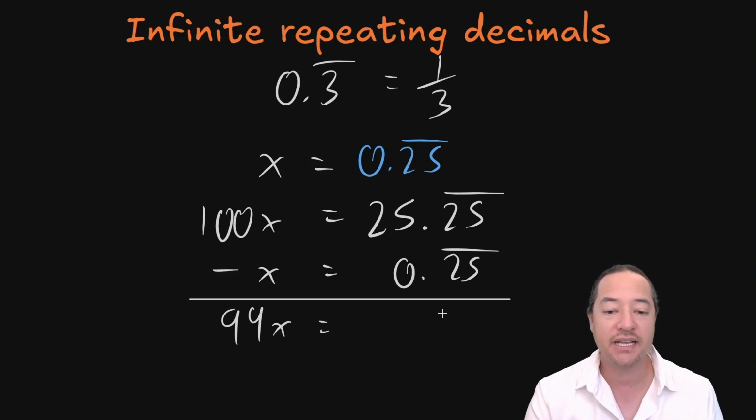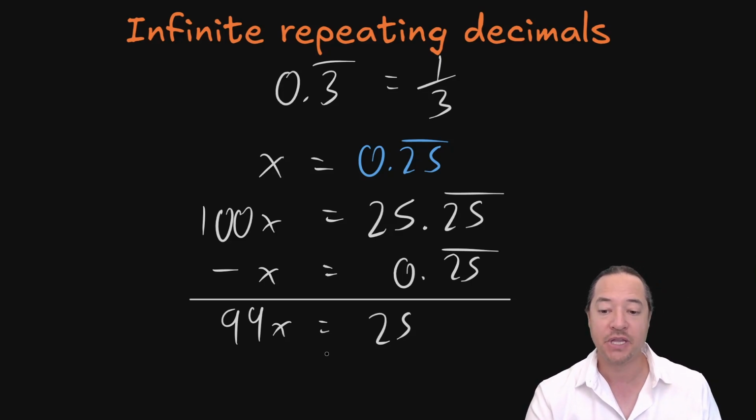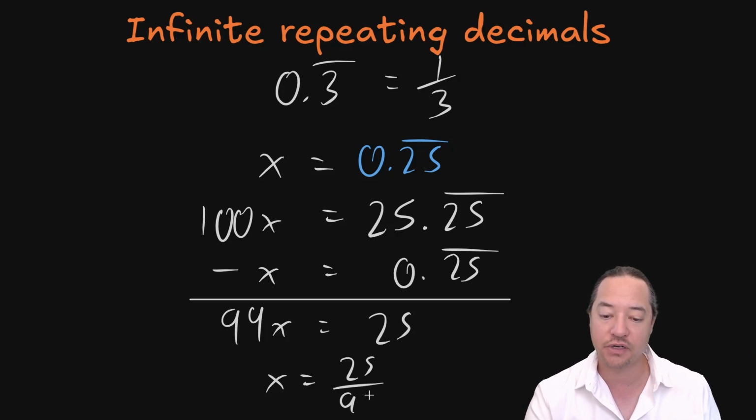What do we get on the right-hand side? Notice this is going to cancel out: 0.25 repeating minus 0.25 repeating is 0, so nothing happens there. And then over here, we're just going to get 25. So I essentially get an integer over here, and now I can just solve for x. I'm going to say that x must then be equal to 25 over 99.